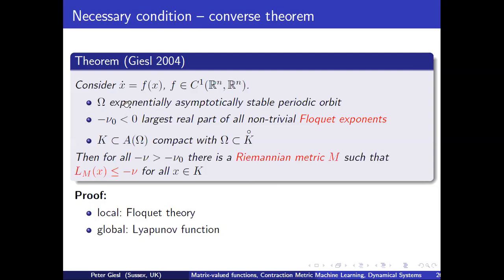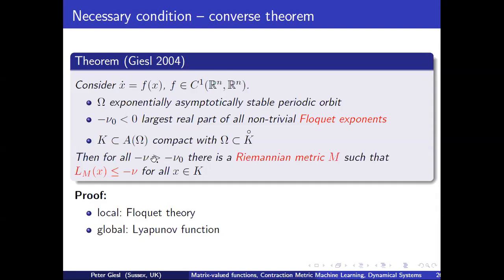So the first one here is if we have an exponentially asymptotically stable periodic orbit and we have a bound, this is the largest real part of non-trivial Floquet exponents, and we have a compact subset of the basin of attraction, then in this compact subset, we can find a Riemannian metric so that L_M is bounded by minus nu.